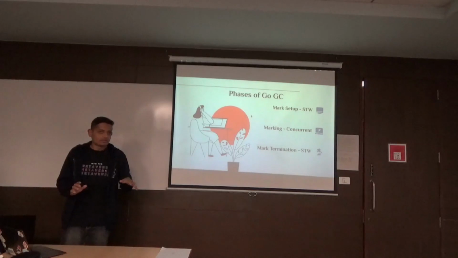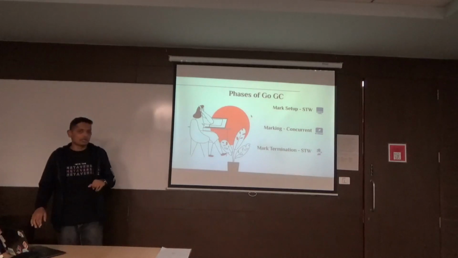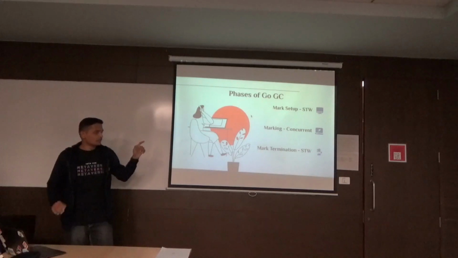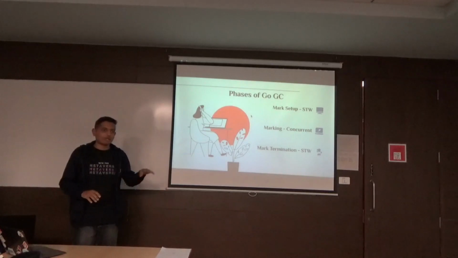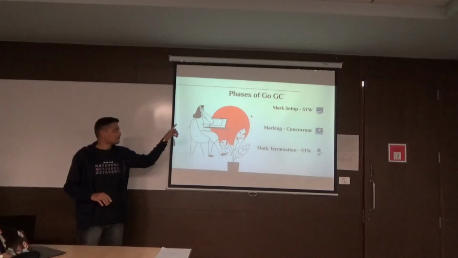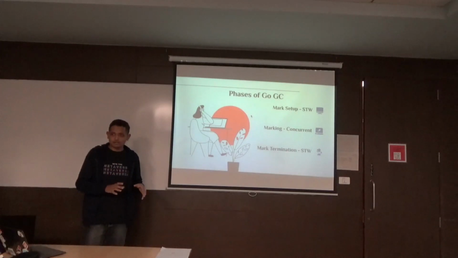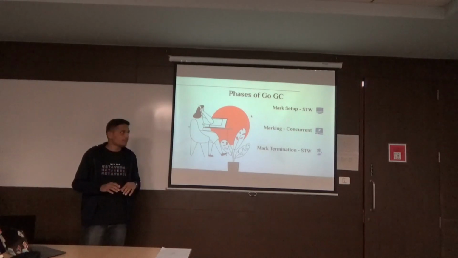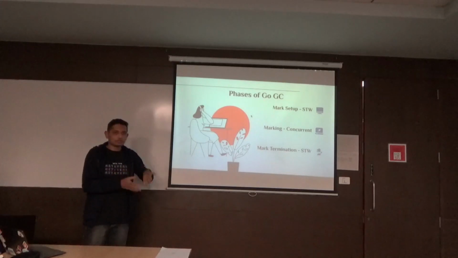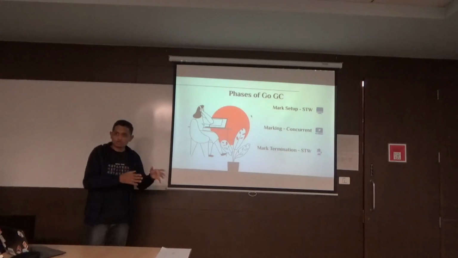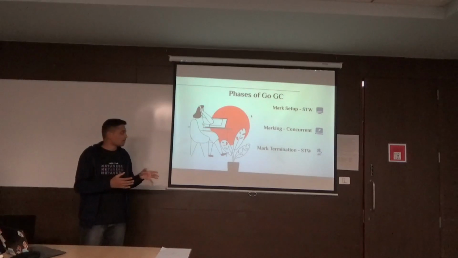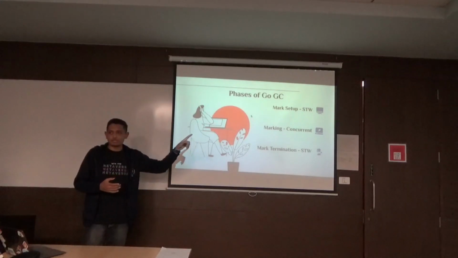Now let's see the phases of garbage collection. There is the mark and sweep algorithm, and there are stages in it. The phases of the garbage collector are: you need to mark the objects that are to be freed in the memory. Before marking, you need to stop the Go routines from accessing the memory, because mark setup is stop the world.